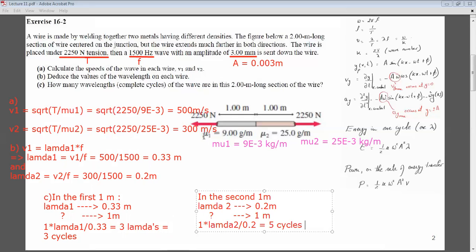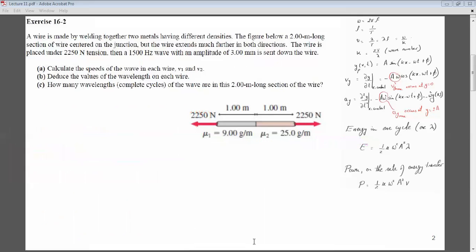So in the first one, where mu1 is 9 grams per meter, I have 3 cycles. In the second one, where mu2 is 25 grams per meter, I have 5 cycles. So in total, I have 8 complete cycles. So we're done with the first one.